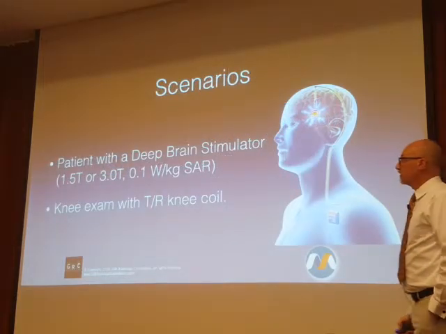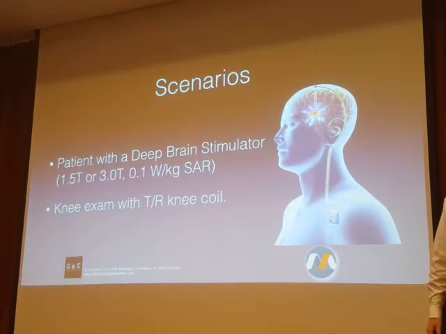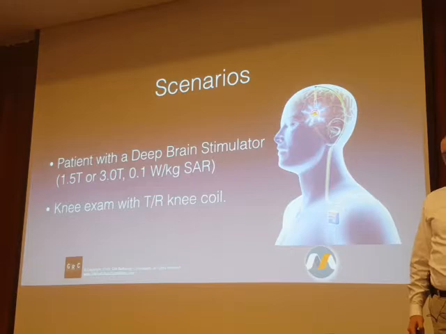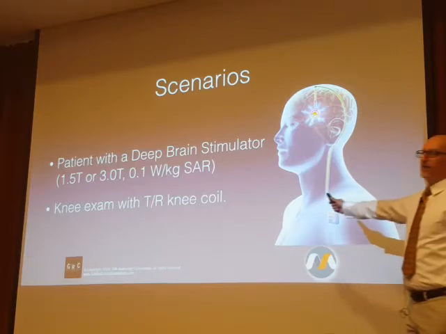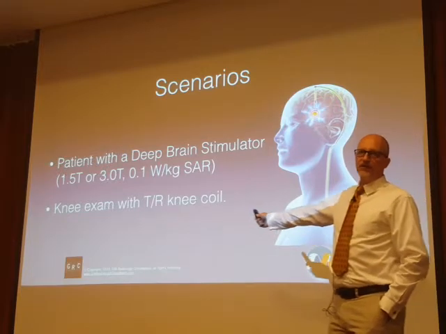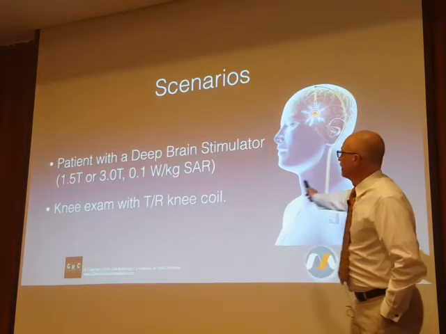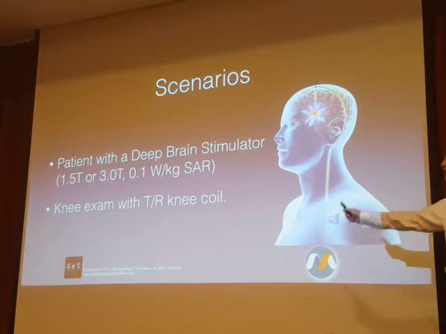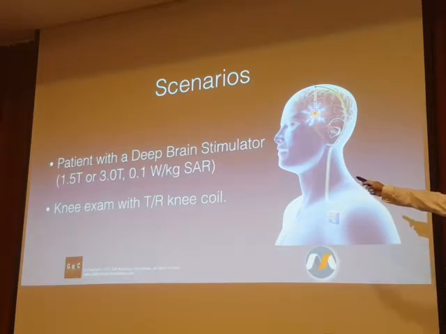So as we are coming towards the end of the presentation, I'm going to circle back to where we began at the very beginning. I asked you, how many of you would consider imaging this patient, deep brain stimulator, 1.5 or 3T, 0.1 watts per kilogram SAR, those are the MR conditional labels.